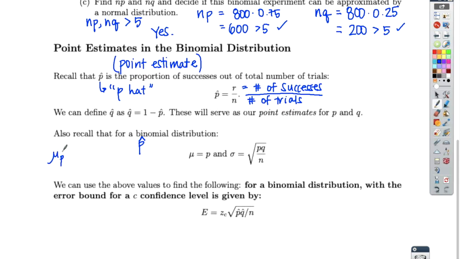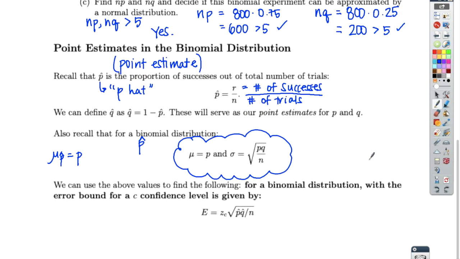Mu sub P hat, the population mean, was just P, and the population standard deviation for this particular distribution was given by the square root of PQ over N. So these are the important formulas for a binomial distribution, which is what we're dealing with in this section.